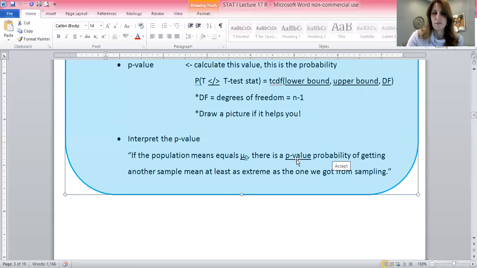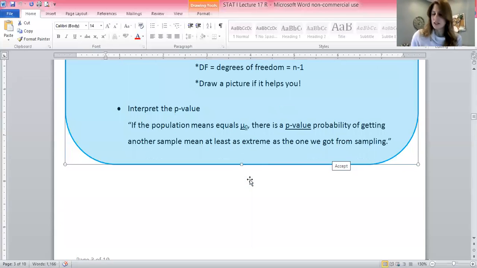So it might say something like 0.025 probability of getting another sample mean at least as extreme as the one we got from sampling. What this is saying is that the probability I'm calculating is the probability of getting another sample that far from the center as the original sample I took. Sometimes it's just a hard concept to wrap our heads around.